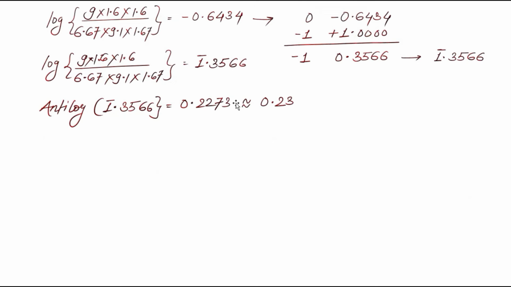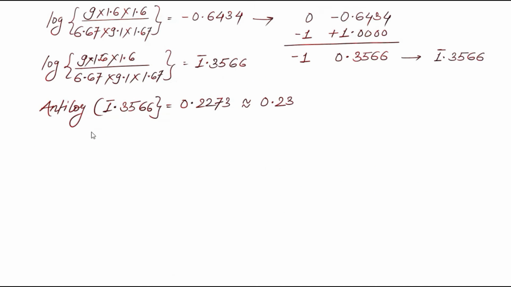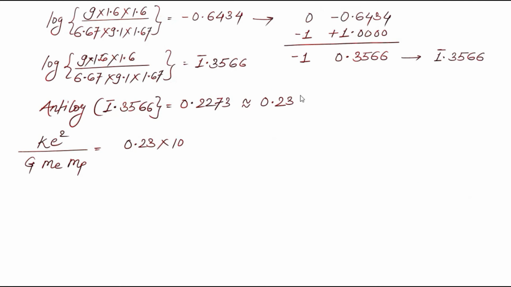So finally, we have to write that k e square upon G m_e m_p is equal to 0.23 into, now this 10 to the power, this is a big number, we have to add up and subtract it, and finally we will have 40 as the answer. So the power of 10 is plus 40.